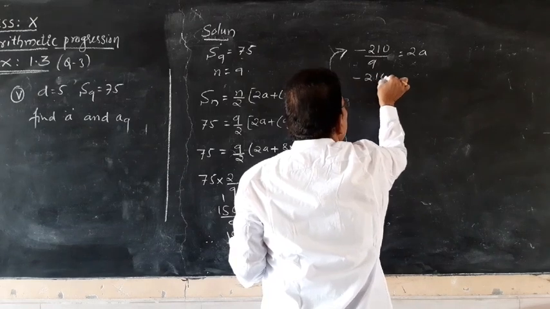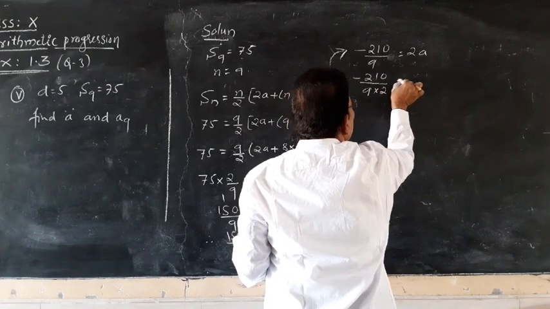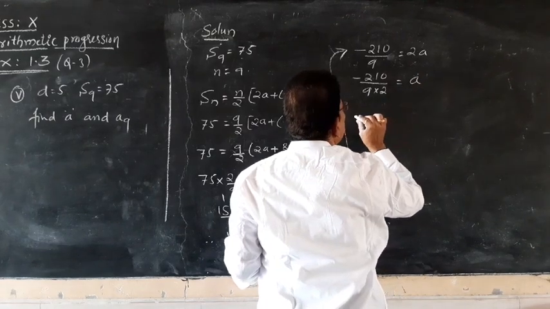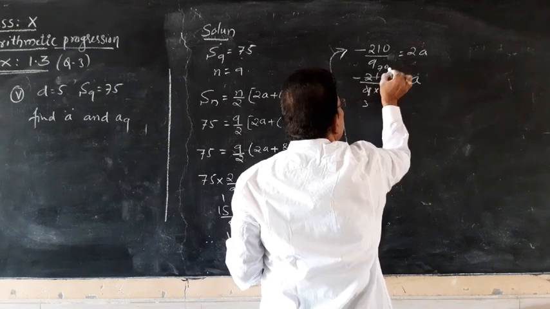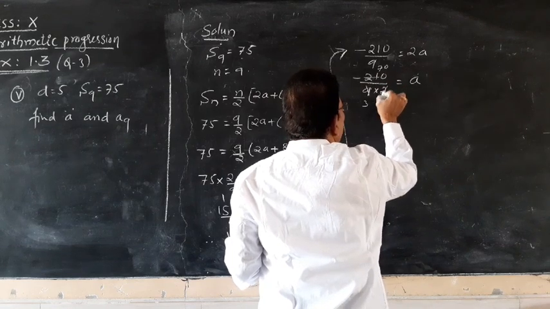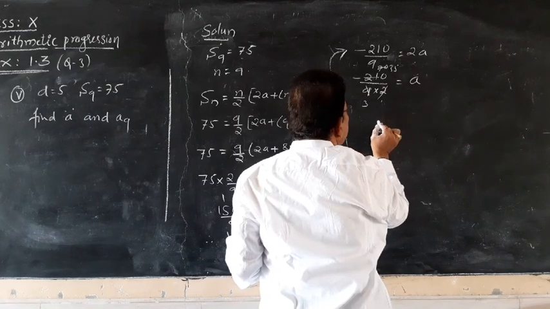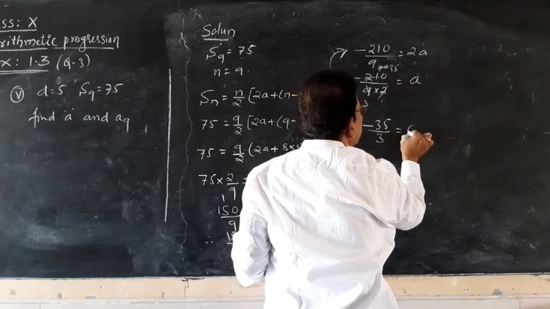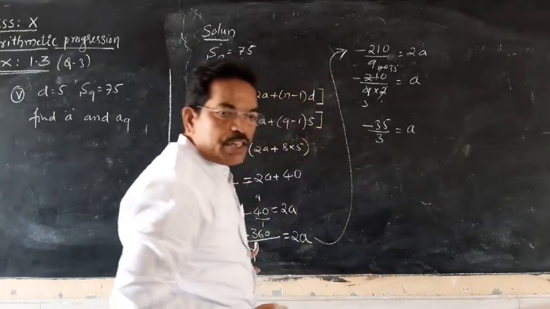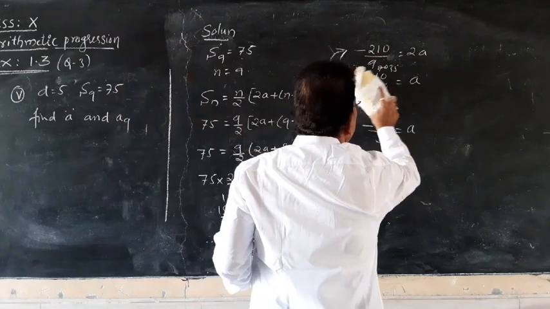Therefore minus 210 by 9 into 2 equals a. 3 threes are 9, 3 sevens are 21, 70 divided by 2 is 35. That is minus 35 by 3, that is equal to a. I have shown you how to cancel the term, so clearly I will write this one.